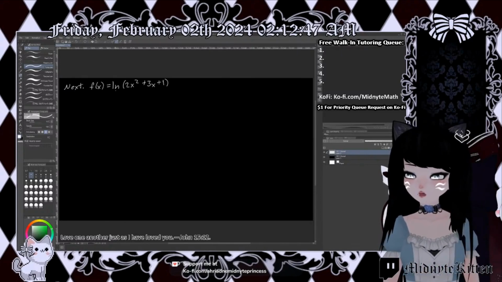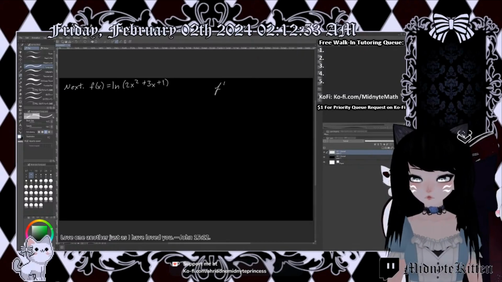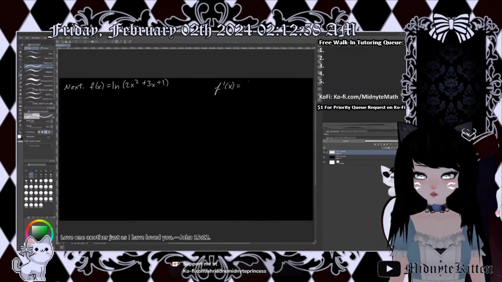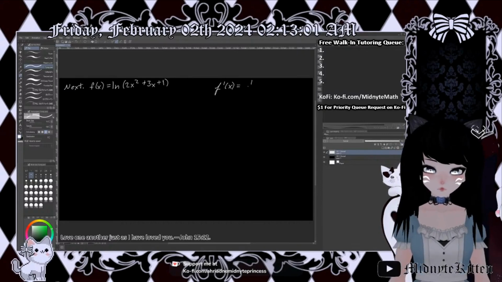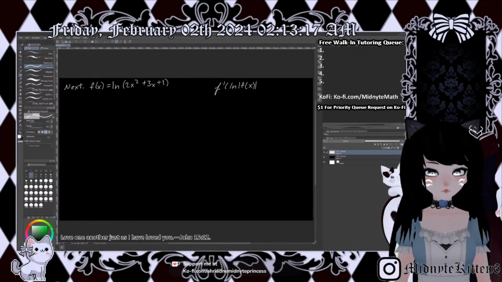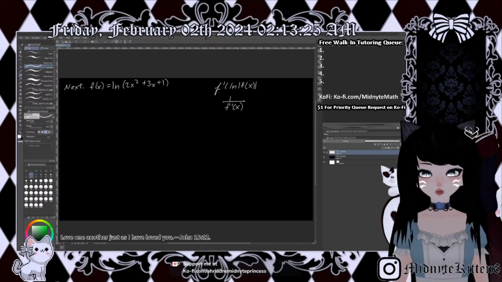So the derivative of natural log, if we recall from one of our previous problems, the derivative of natural log f of x, sorry, is going to be 1 over the derivative of what is inside the logarithmic function.